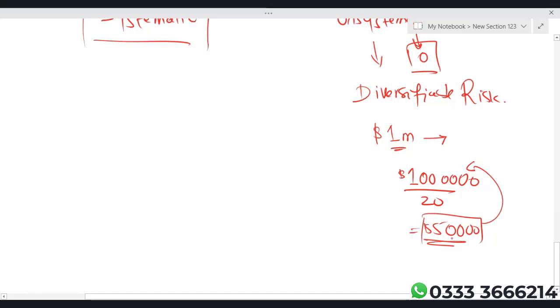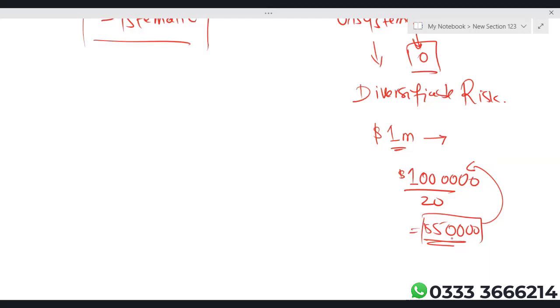Because by doing this, if a single company's share price reduces, you will have a loss on only 5% of your investment. Still, there are 95% chances you will get the benefit. Even if the share prices of two companies reduce, there will still be 90% chances you will have the benefit.